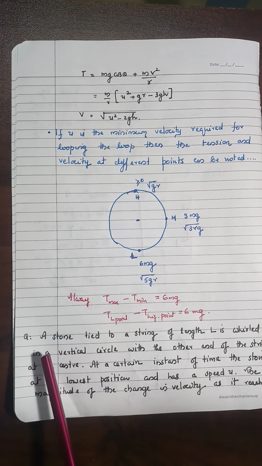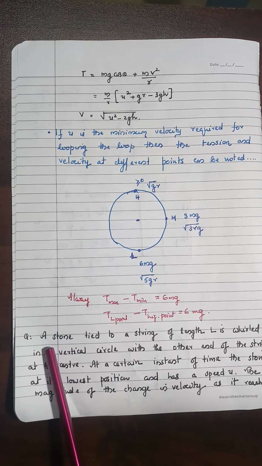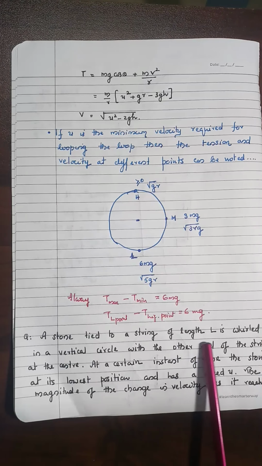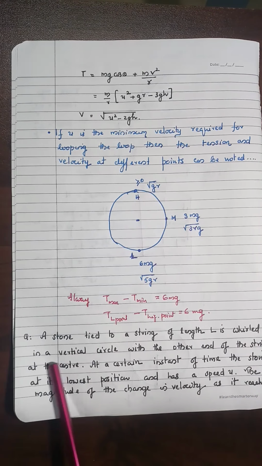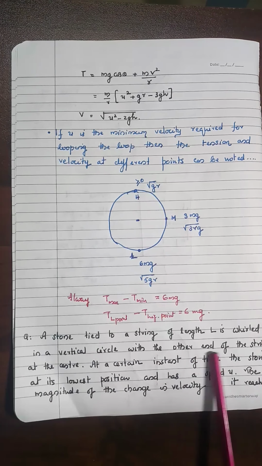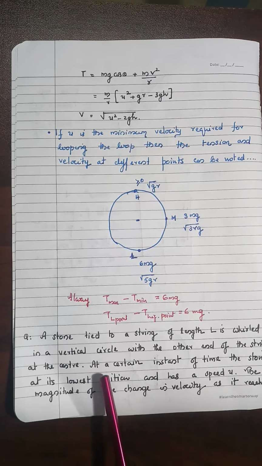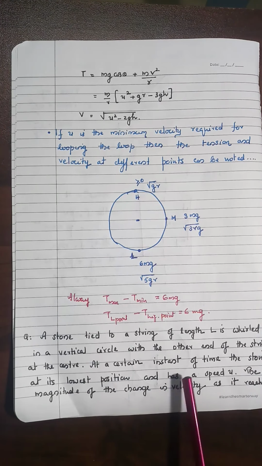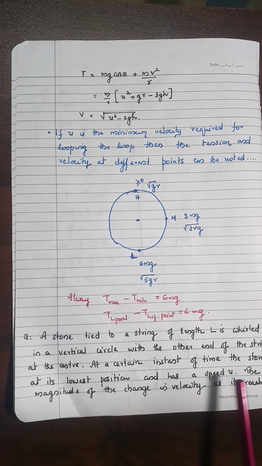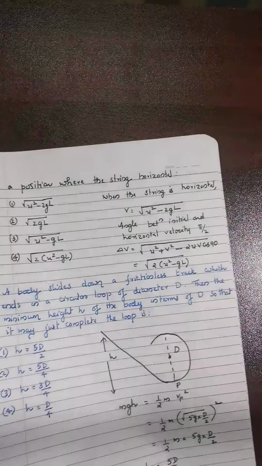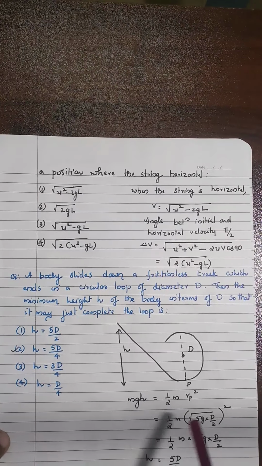A good example, a previous year NEET question: a stone tied to a string of length L is whirled in a vertical circle with the other end of the string at the center. At a certain instant, the stone is at the lowest position and has a speed u. Find the magnitude of the change in velocity as it reaches the position where the string is horizontal.